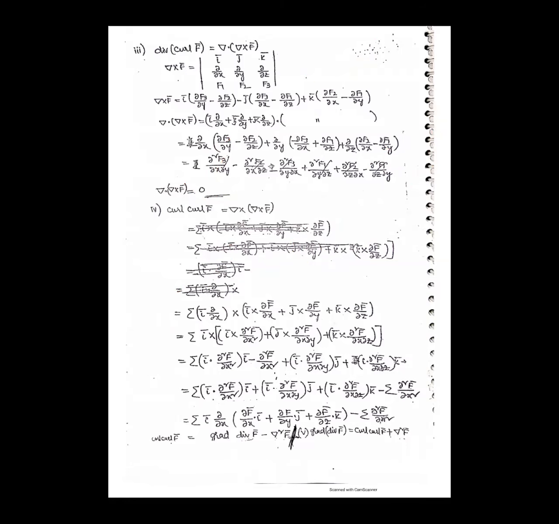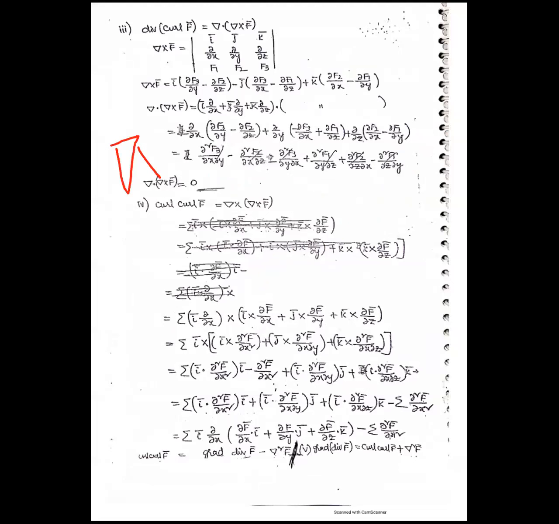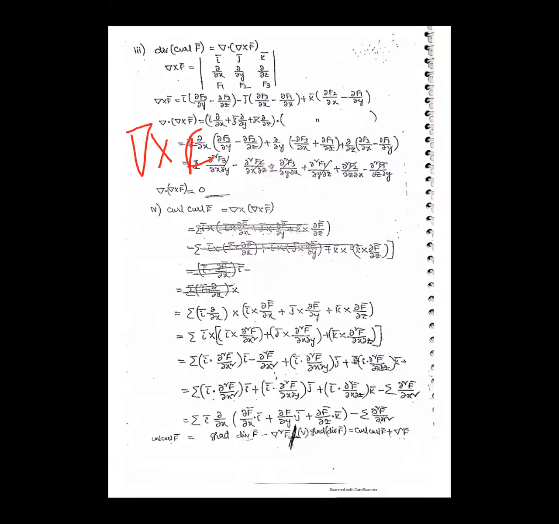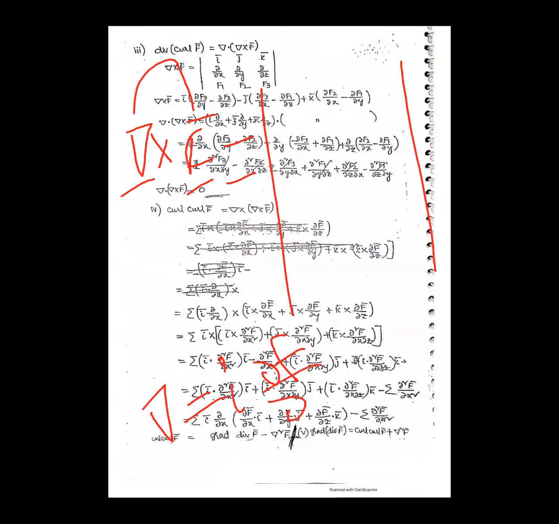So del cross f bar equals the determinant, with the first row the common coefficient vectors of both terms. So del and f bar: the formula of del is i del by del x plus j del by del y plus k del by del z.